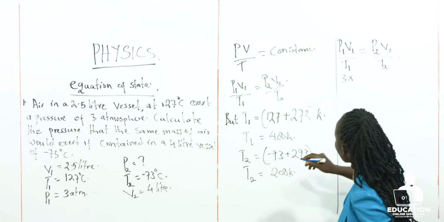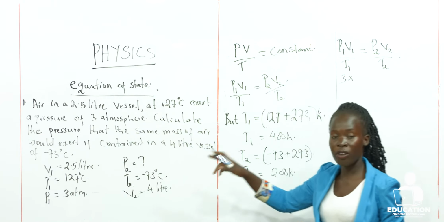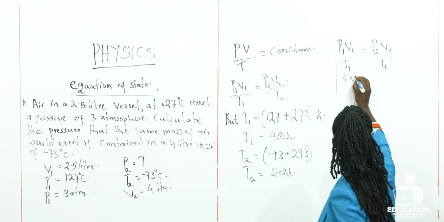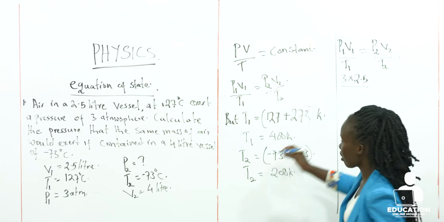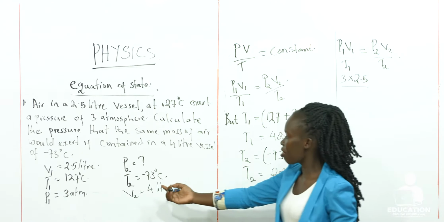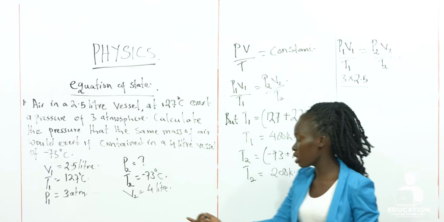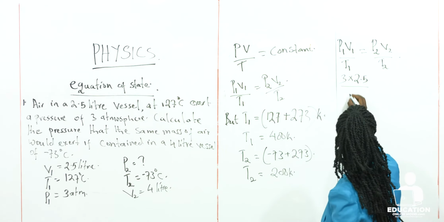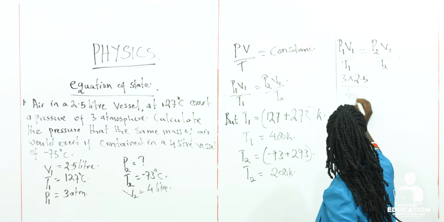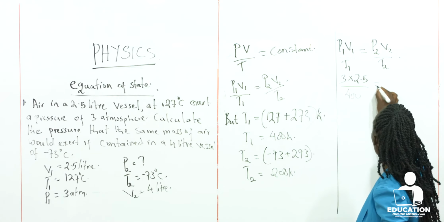We are multiplying it by the volume at the start, which was 2.5 liters. Dividing it by the temperature at the start, which was 127 degrees Celsius, but when you convert it, we shall have 400 Kelvin. So we are dividing it here by 400.